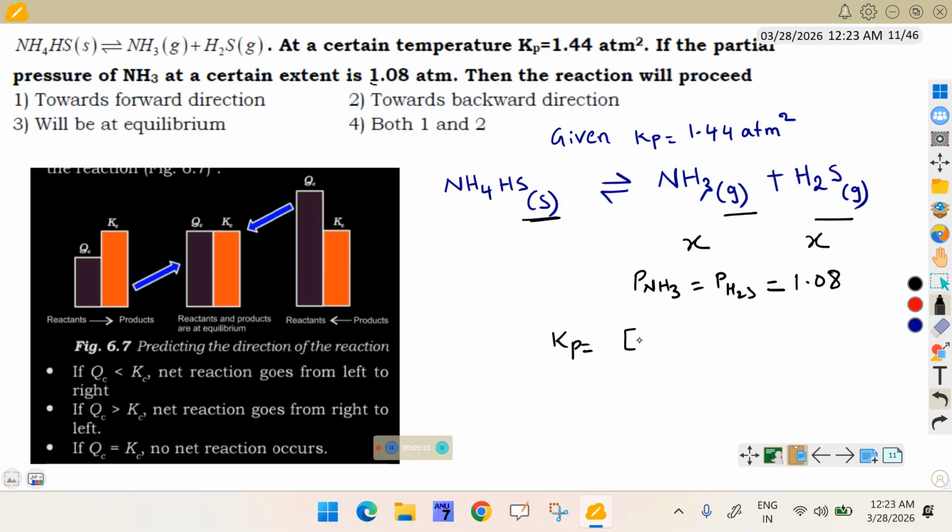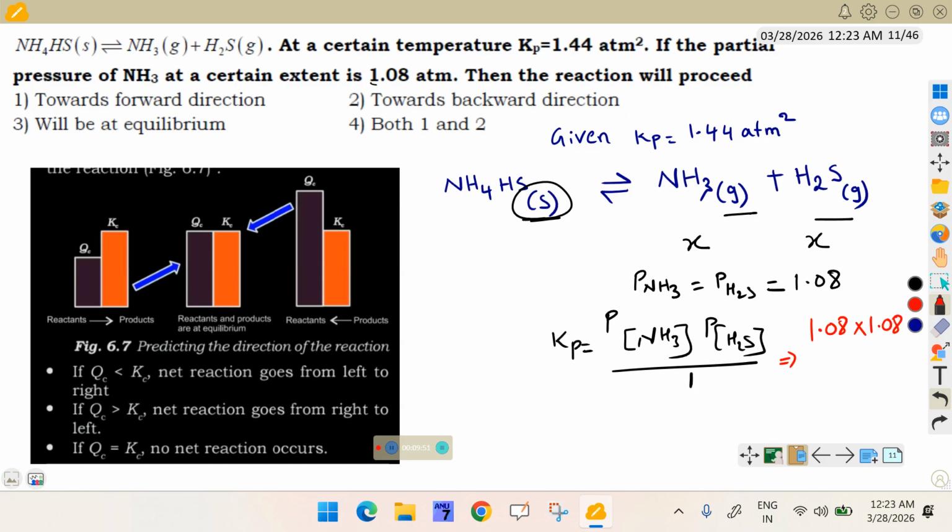Now calculate the value. It is the partial pressure of NH3 into the partial pressure of H2S, divided by the solid, which we take as unity, 1. The partial pressure of NH3 is 1.08. The partial pressure of H2S is also 1.08.